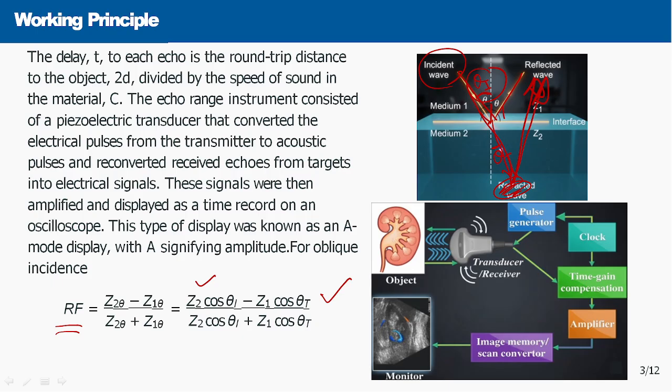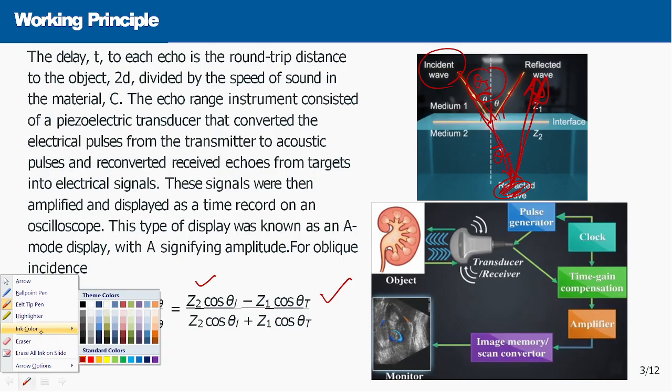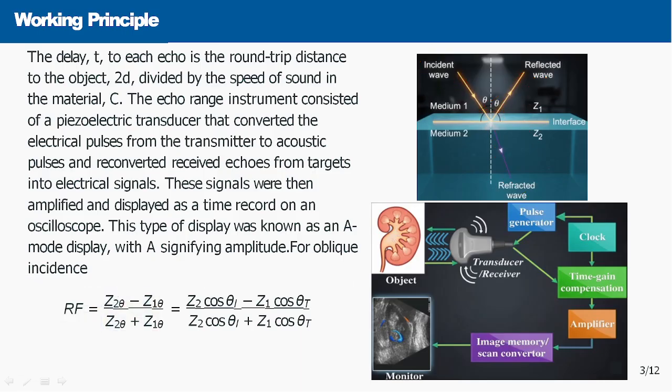If we want to capture this signal, let us say we have two receiving things. Here in this case, this transducer is transmitting the wave, it is reflected from the interface of this organ, and again it is reflected back to this receiver part.